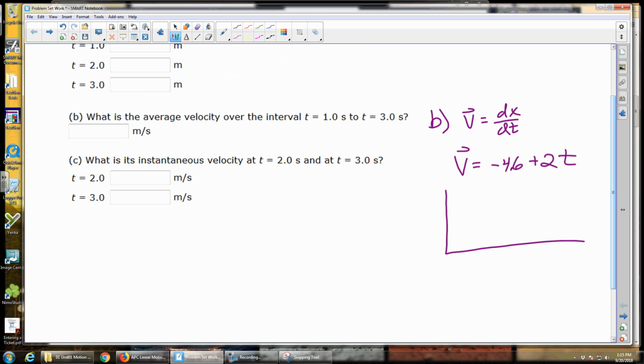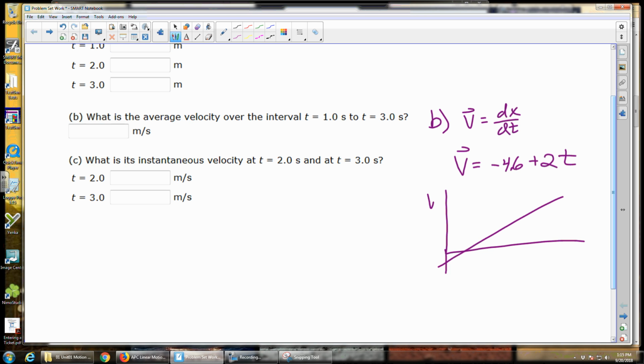Let's see. This looks like that, right? It has a slope of 2, and a y-intercept of negative 4.6.